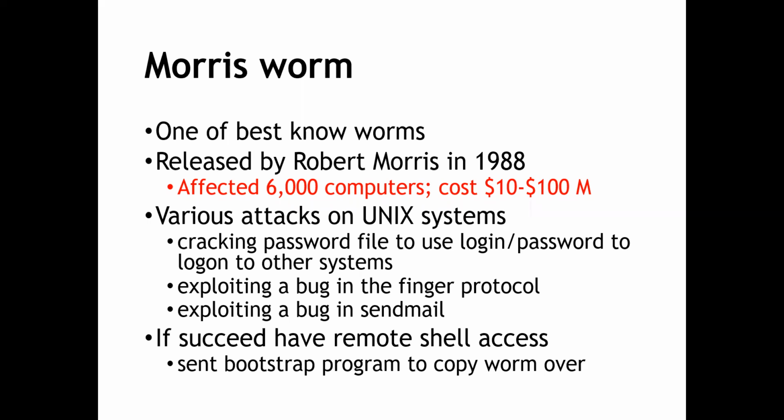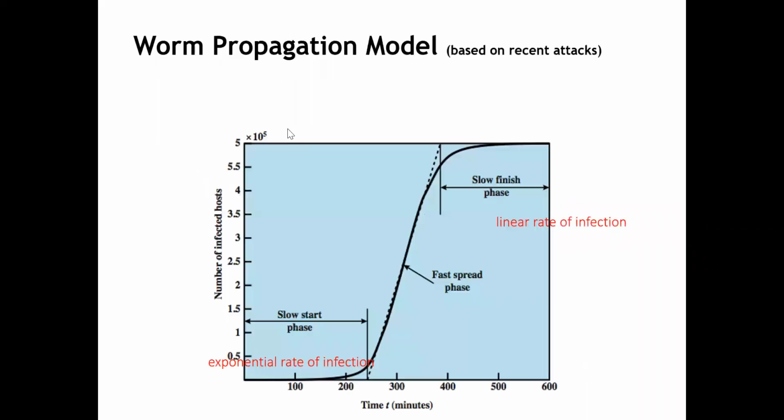So this bug was exploiting itself in the finger protocols. And this was being sent through bugs on emails. If one would succeed to have remote shell access, then they would set up different bootstrap programs to copy these worms from one place to another.